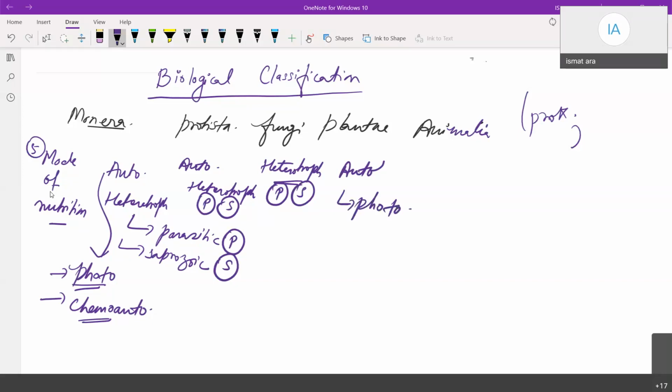And Animalia, they are heterotrophs, parasitic, and also holozoic.